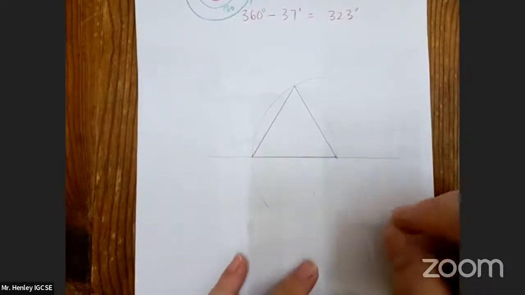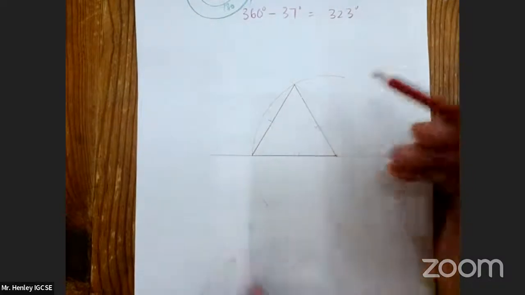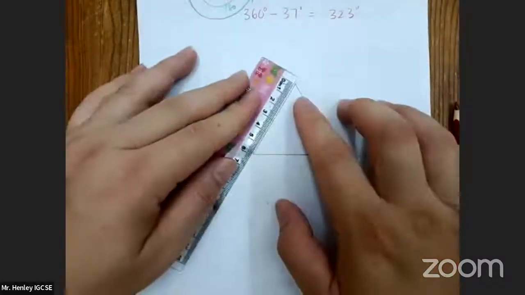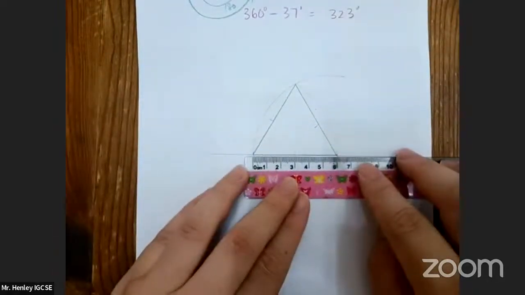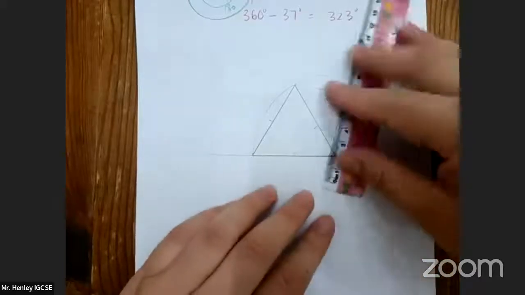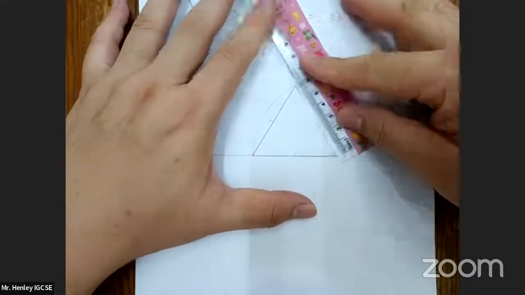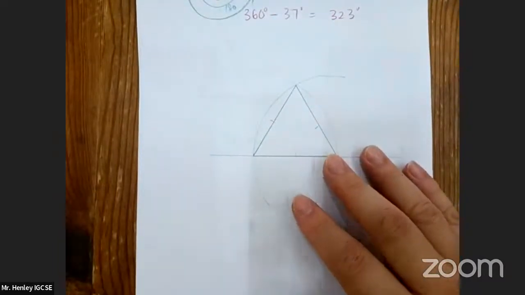So this is the way to draw an equilateral triangle. Then the length should be the same. Let's measure. This is 6 cm, this is also 6 cm, and this is also 6 cm. So to draw the equilateral triangle, you need to do this way.